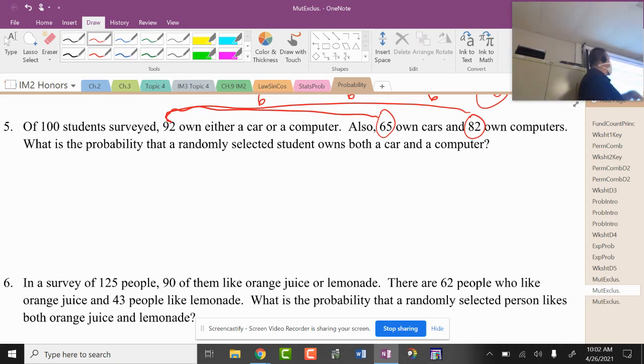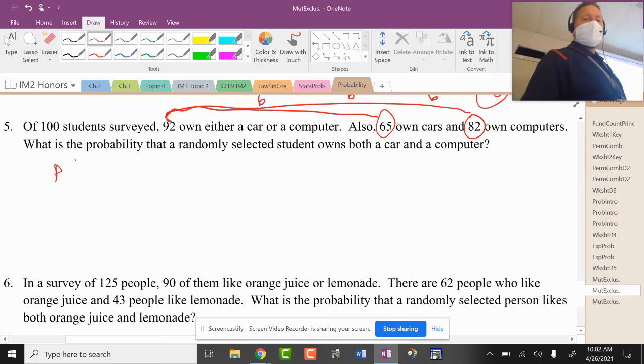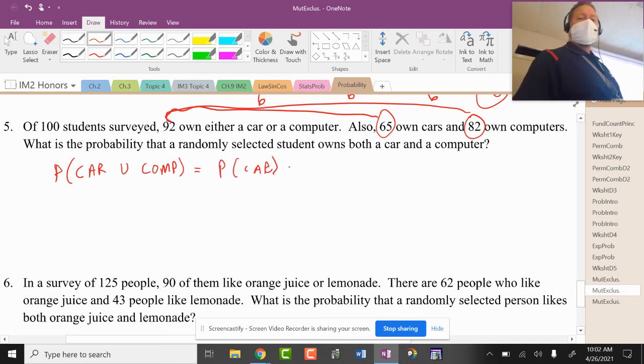So, what is the probability that a randomly selected person owns both? That's where we go into our standard formula here. I guess I'll put car, the whole word. Union that with computer. That equals the probability that you own a car plus the probability that you own a computer.